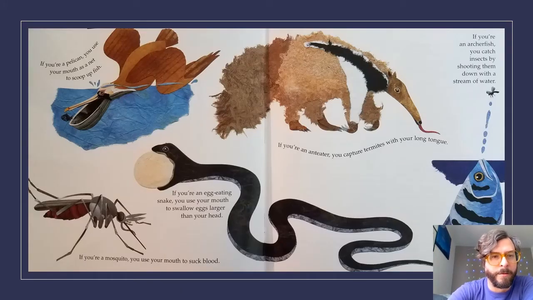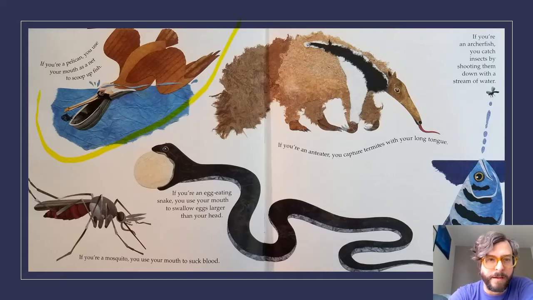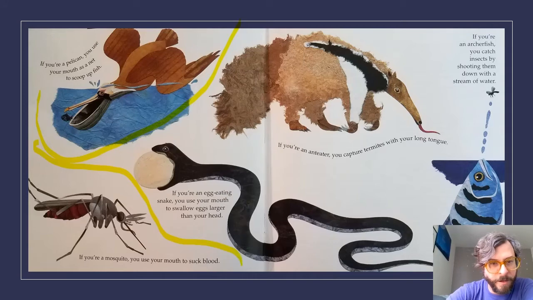Ah, the beak belonged to the pelican here. If you're a pelican, you use your mouth as a net to scoop up fish. Bloop. Down here, oh, this is the one with the sucker. This insect here. If you're a mosquito, you use your mouth to suck blood. It's my best vampire.